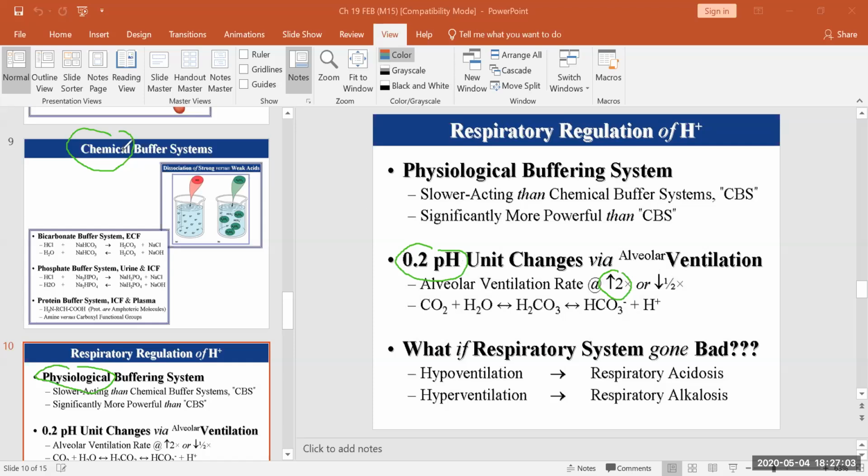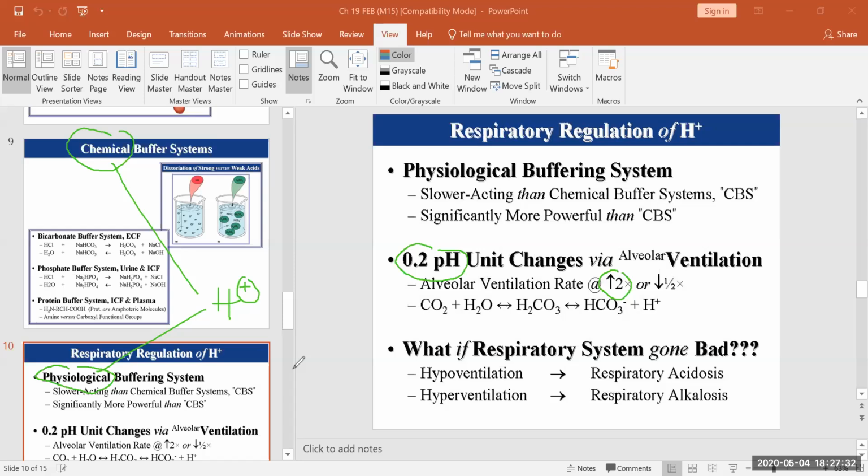However, both the chemical and this respiratory regulation cannot get rid of protons. The proton is still inside the body. So even though they are fast, powerful, whatever you name it, they are not getting rid of the problem. Okay, accumulating protons are still in the body.